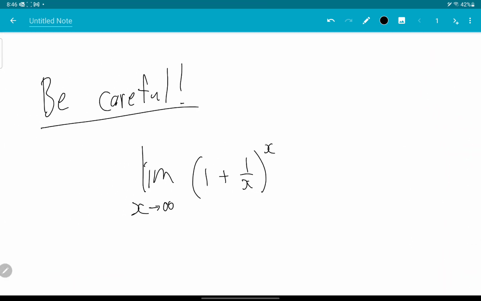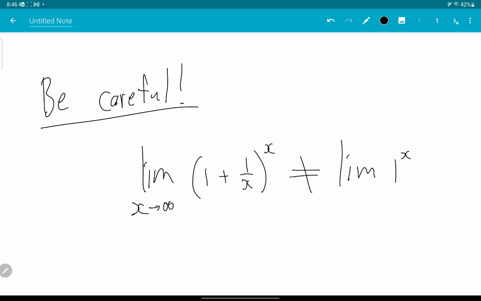I have an x in the exponent, and I have an x in the base, and you may be tempted to say that this 1 is the dominant term. So I have a sum here. You may say, oh, this is the dominant term, so I'll just drop 1 over x, which gets very small. No good. That does not work.